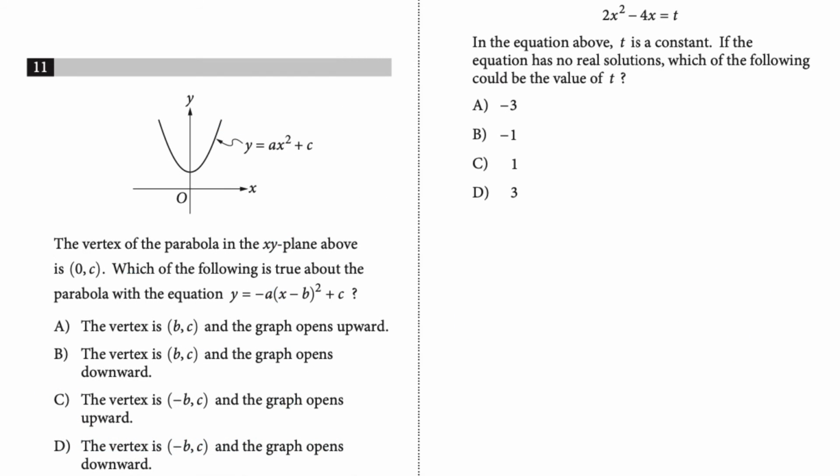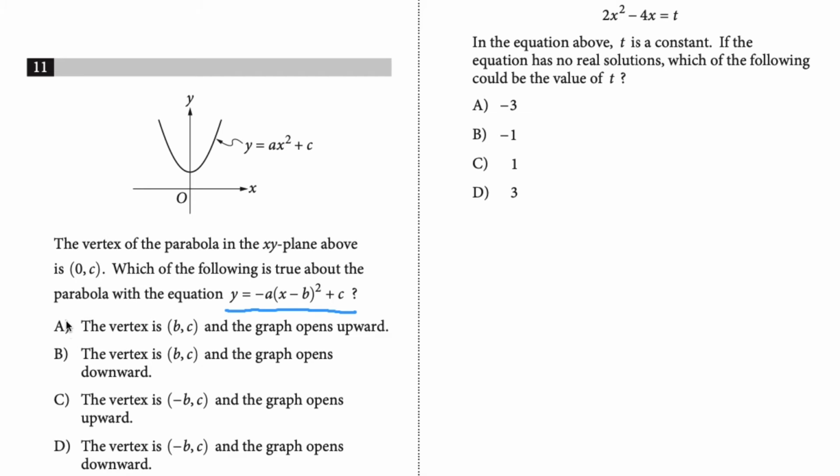Number 11. The vertex of the parabola in the xy plane above is 0, c. Which of the following is true about the parabola with the equation y equals negative a times x minus b squared plus c? The whole point of this question is to find out what the characteristics of this equation is going to be.